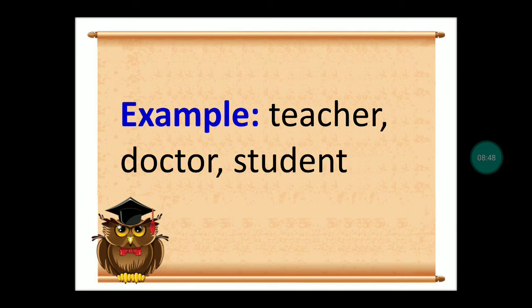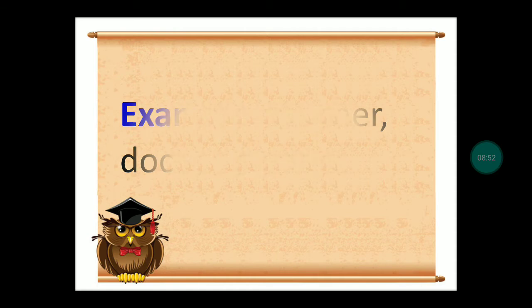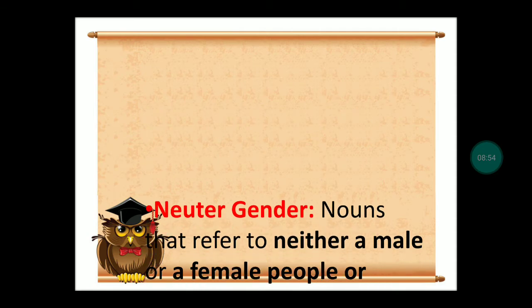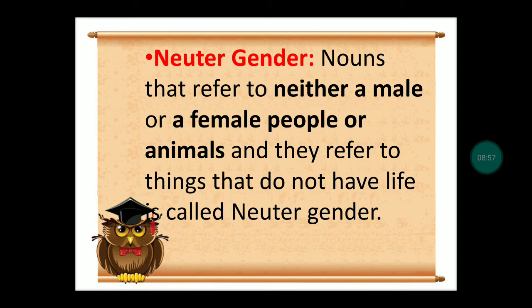Now we will see the last one, the fourth one, that is neuter gender. Neuter gender: nouns that refer to neither a male nor a female, people or animals, and they refer to things that do not have life, is called neuter gender.